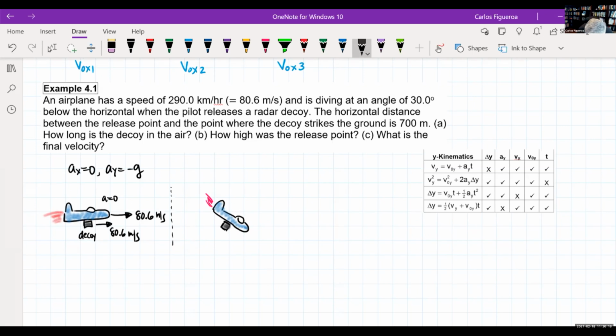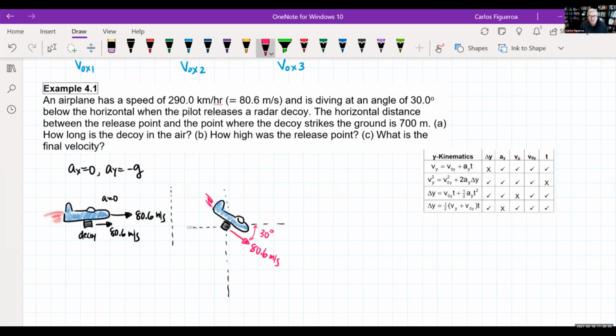Here's my axis. The decoy and the plane at this moment have an initial speed of 80.6 meters per second, and from the horizontal to the direction of motion there's an angle of 30 degrees.